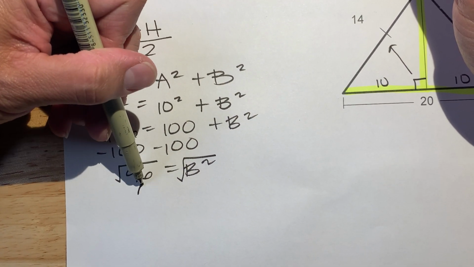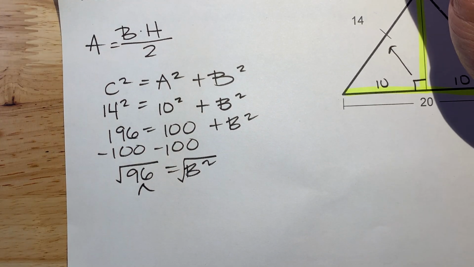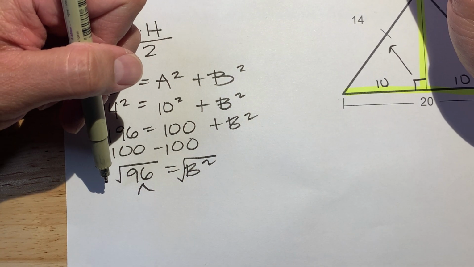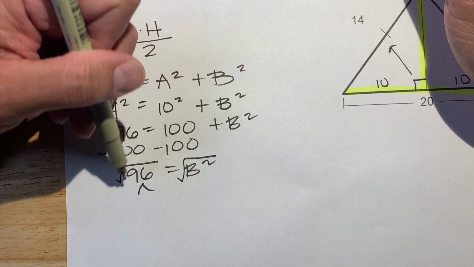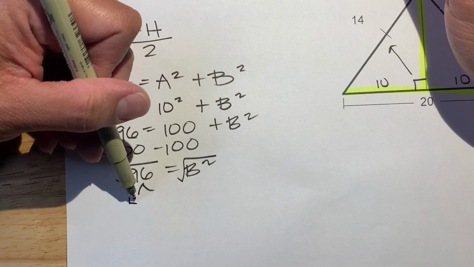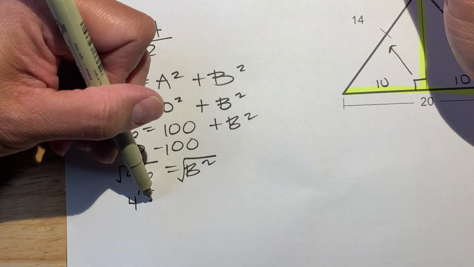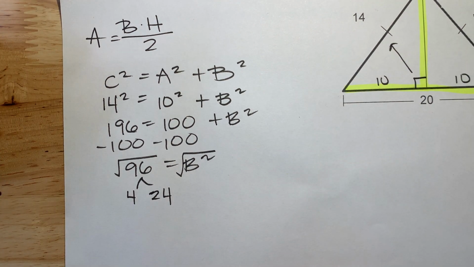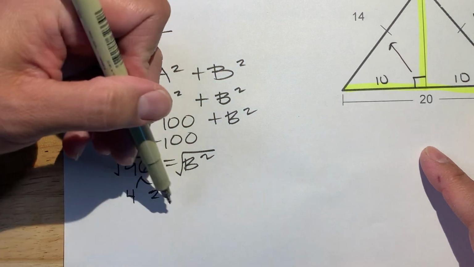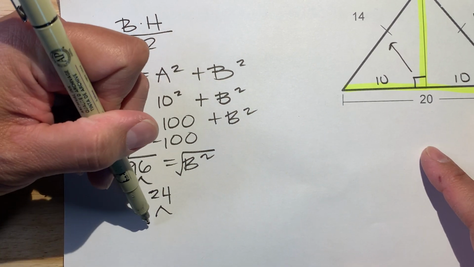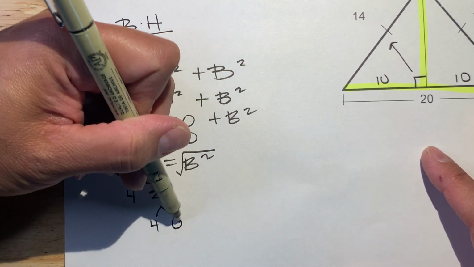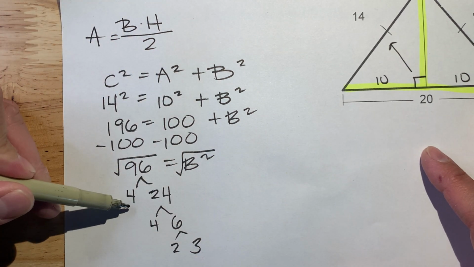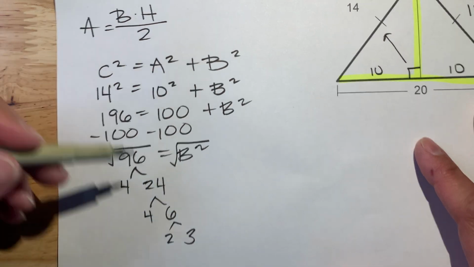It doesn't seem like 96 has a square root that's just a whole number. So let's break it down. I think I could go 4 and 24. 4 and 24 make 96, yeah. And then I'm going to do 4 and 6 and 2 and 3. I'm not going to factor these 4 some more because I have 2 4s.